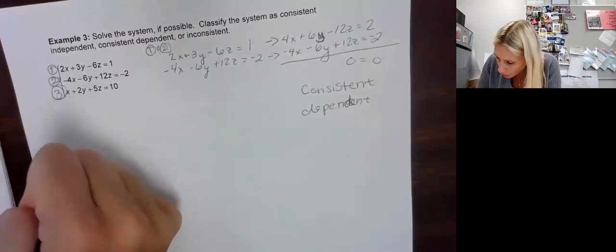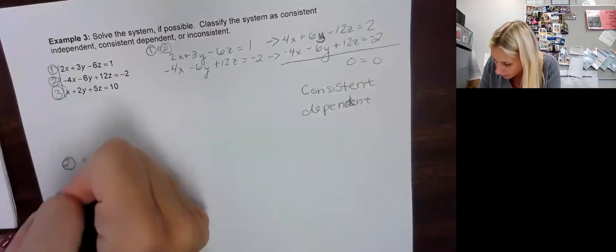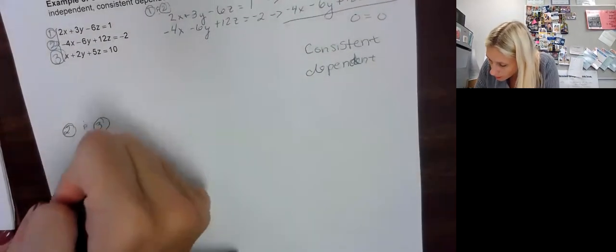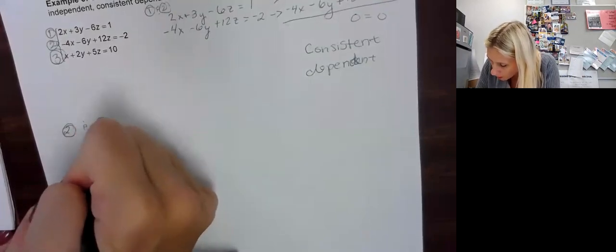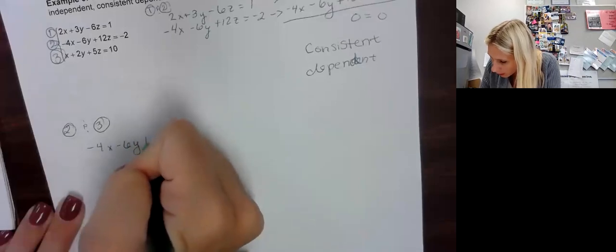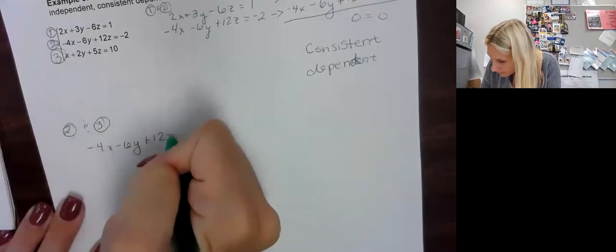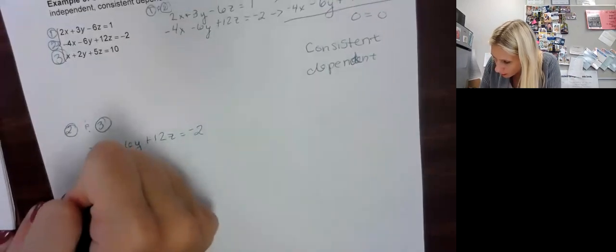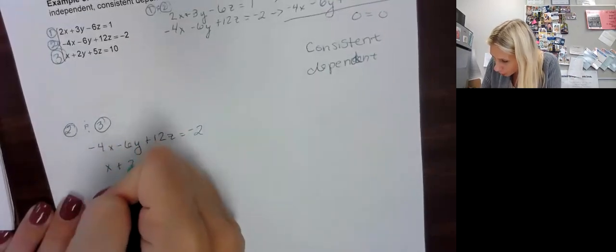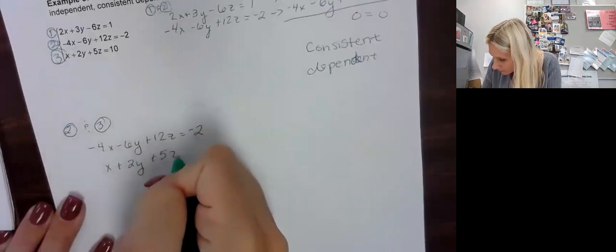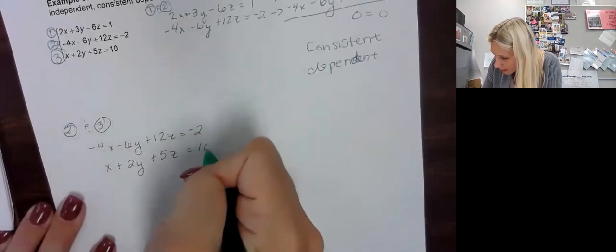So I'm going to look at 2 and 3. So 2 is negative 4x minus 6y plus 12z equals negative 2. 3 is x plus 2y plus 5z equals 10.